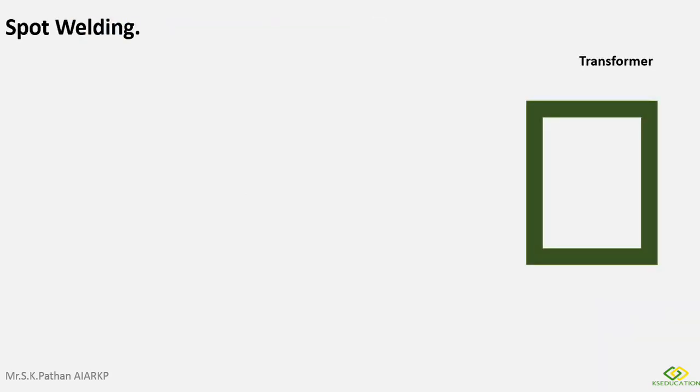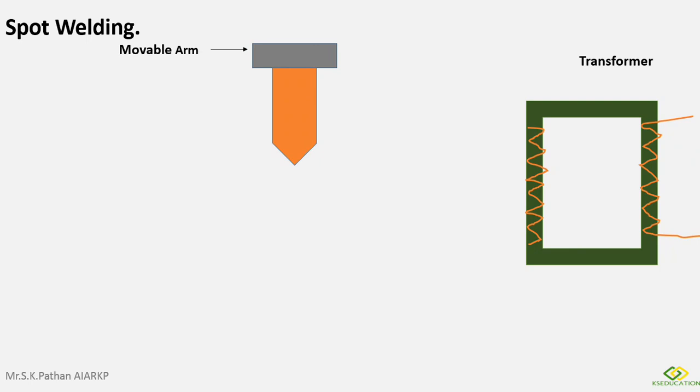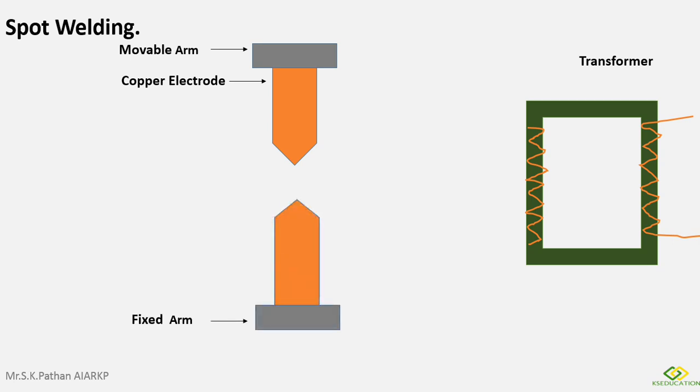So consider a transformer in which this is a primary winding and this is a secondary winding, and this is a movable arm, that is the upper electrode, which is made up of copper, so it is also called a copper electrode, and the lower electrode is fixed, and this is also a copper electrode.